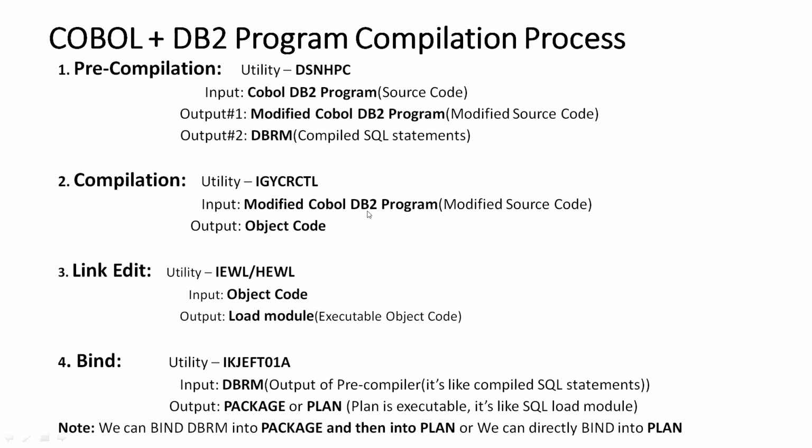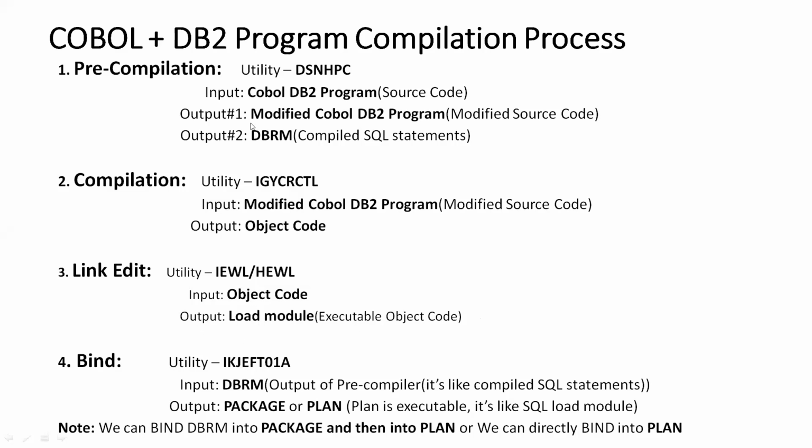It will take the modified COBOL program, which is the pre-compiler's first output, as input and it will generate the object code. Then this object code is the input to the link edit utility. It will take this object code and give the load module, which is the executable component. Okay. Then the fourth step we have is bind.